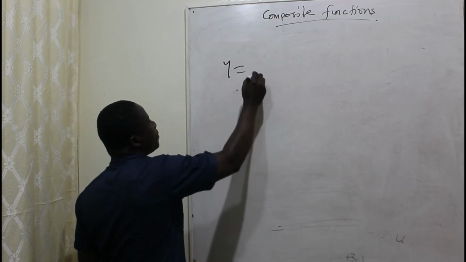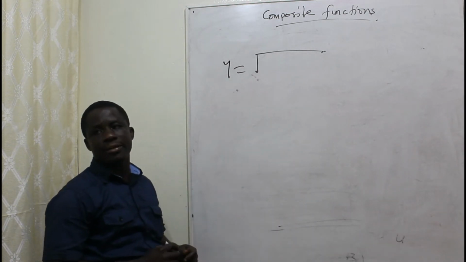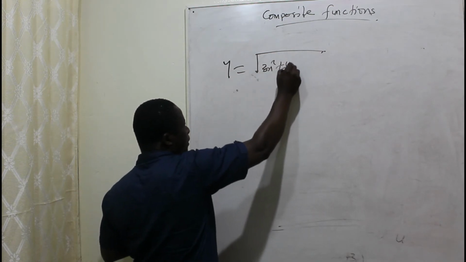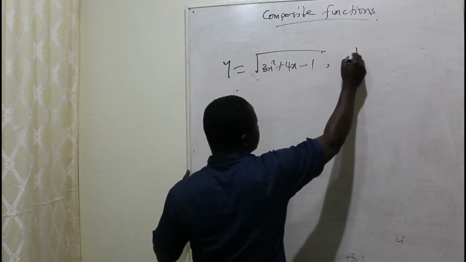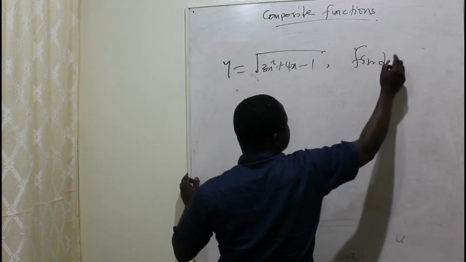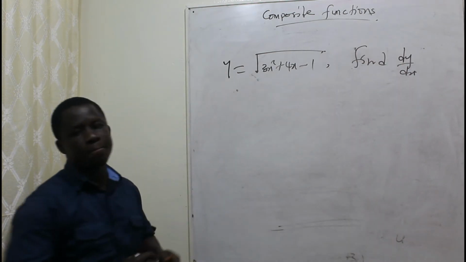If y equals the root of 3x squared + 4x - 1, a radical function, we have to find dy/dx.